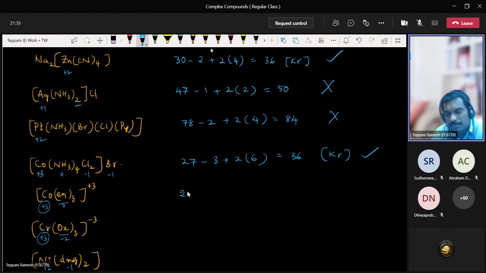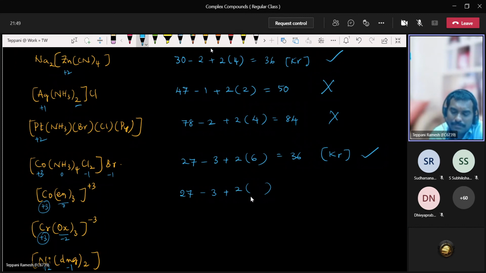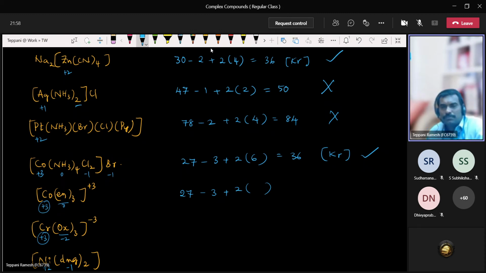27 minus 3, 3 plus 2 into 3. 2 into 3 is wrong. Tell me. 0. 2 into coordination number, no?